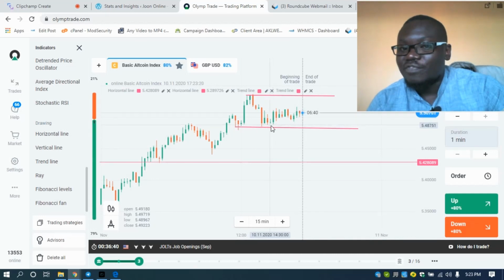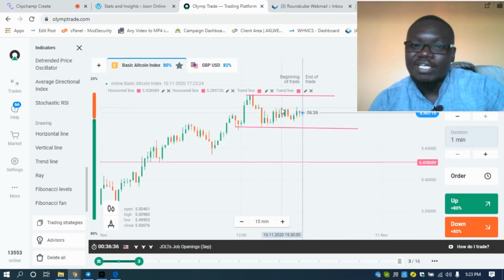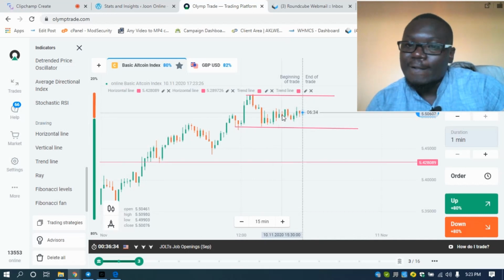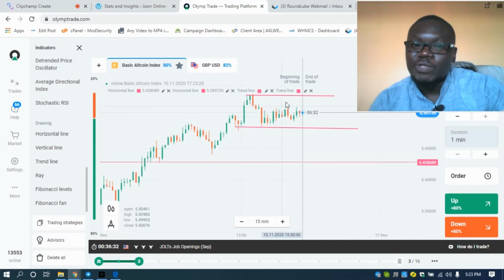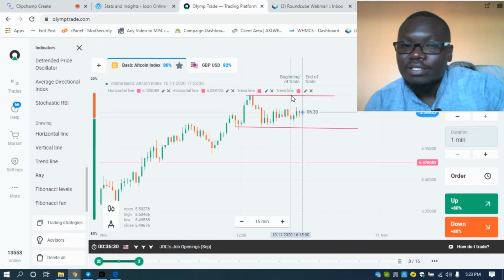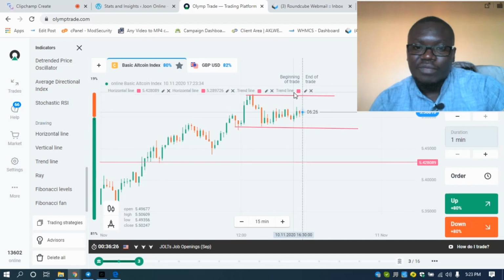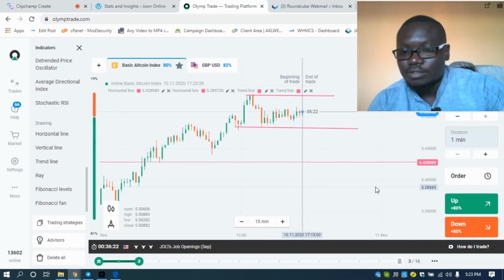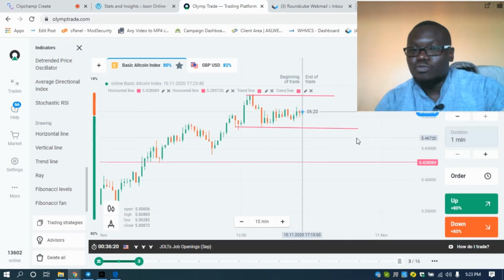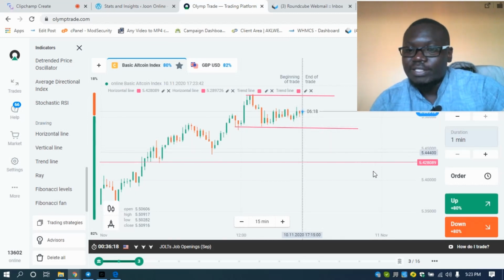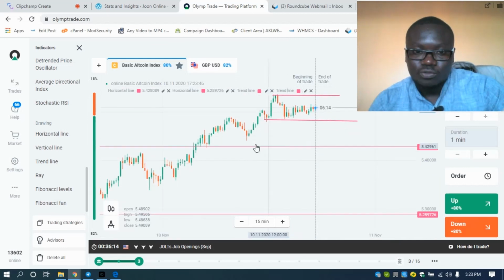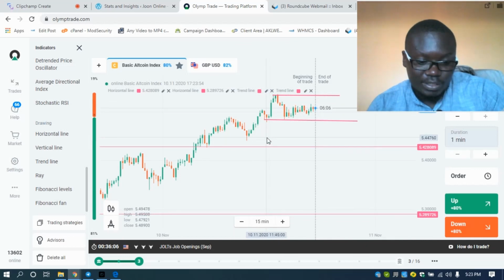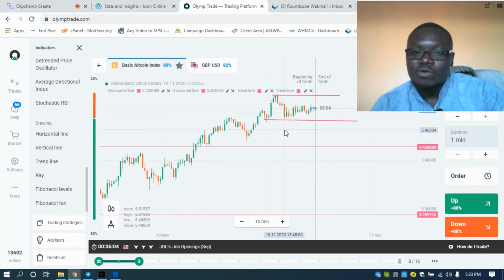Then if it bounces back towards the resistance level again, you may want to find an entry point in between and ride back to the resistance level. Otherwise, if it breaks this level and goes downwards, you may want to short that market as you continue to ride the trend. That is everything that you need to know about trend.